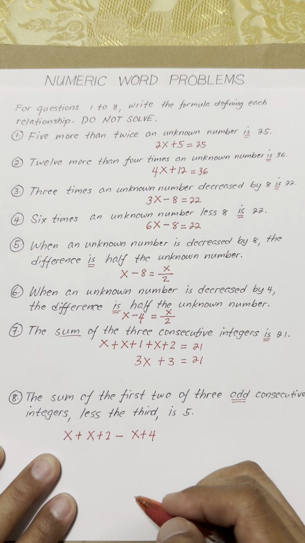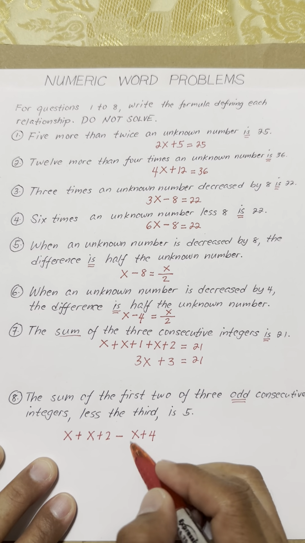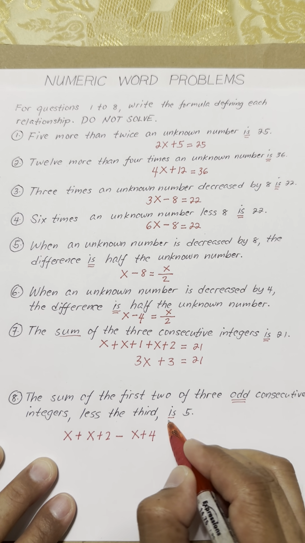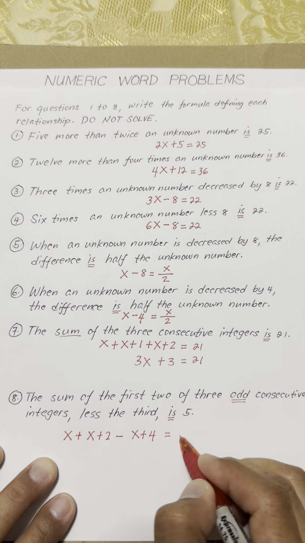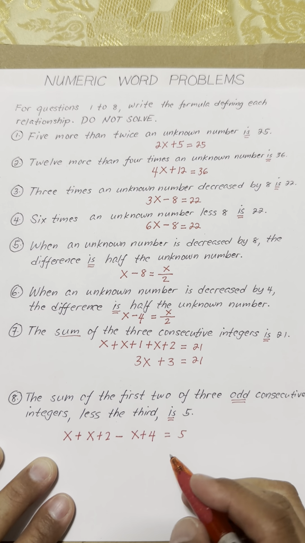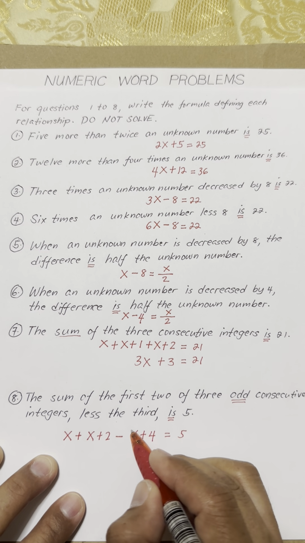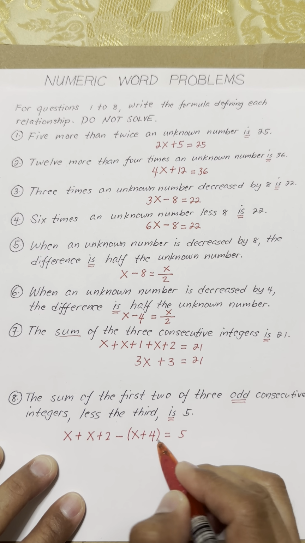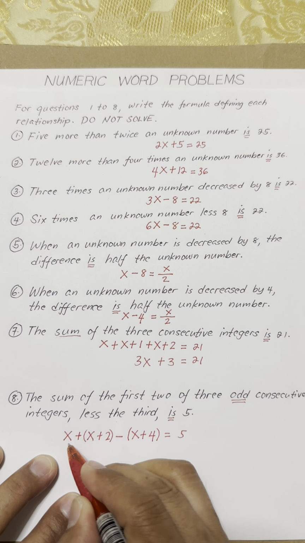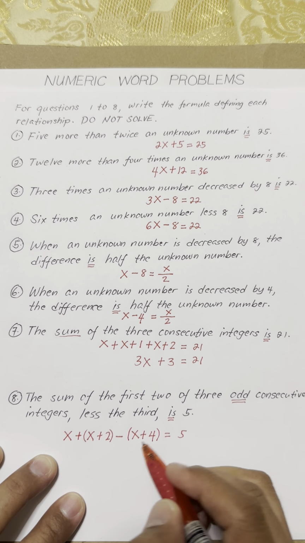So you can group this as one group. Then there's the word is. Again, is means equals. Then 5. So this can be your answer, or you can simplify. But take note that this is considered as 1. This is considered as 1. First integer, second integer, add.